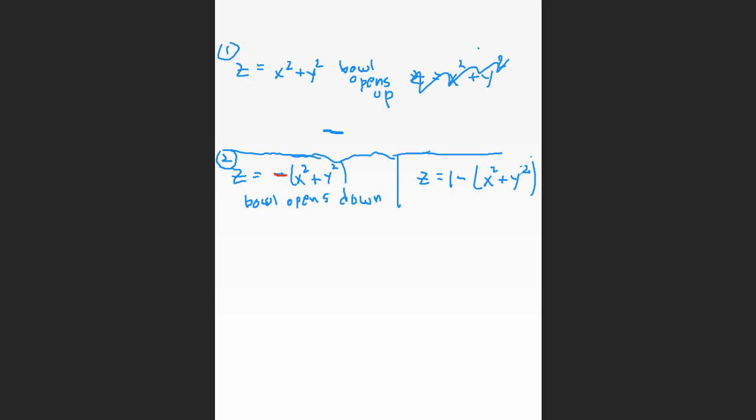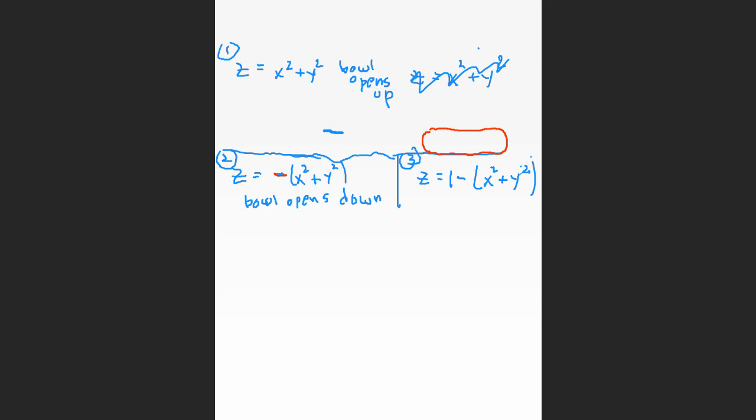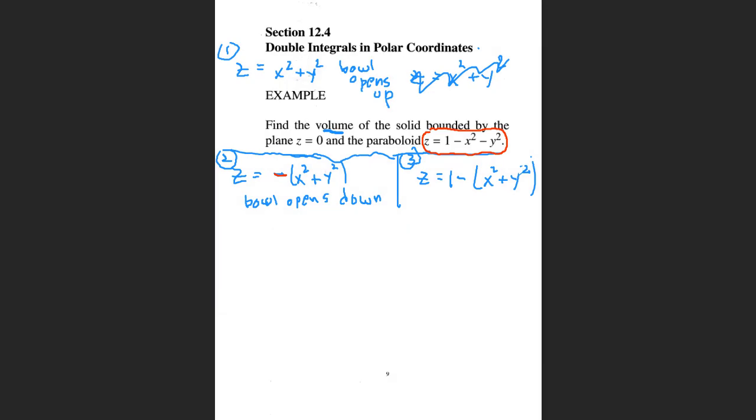Now, for the third bowl, which is the paraboloid that we're talking about. I'm trying to give you a little training here so that you're comfortable. Well, okay, we have 1 minus the quantity x squared plus y squared.